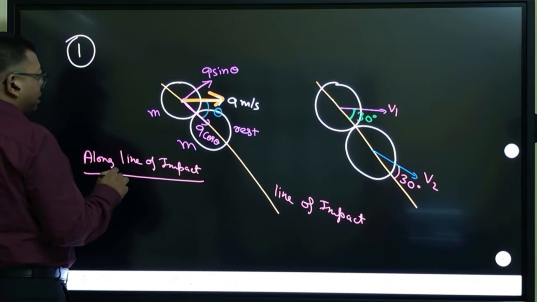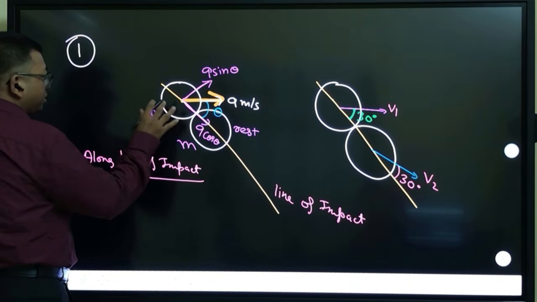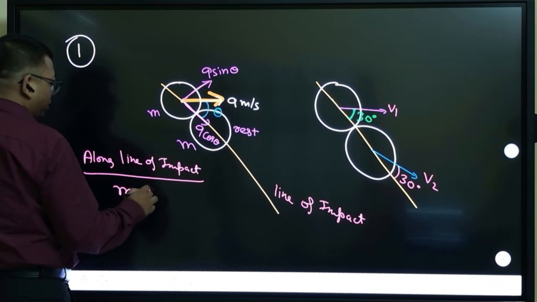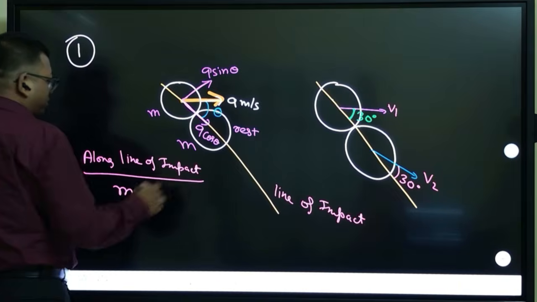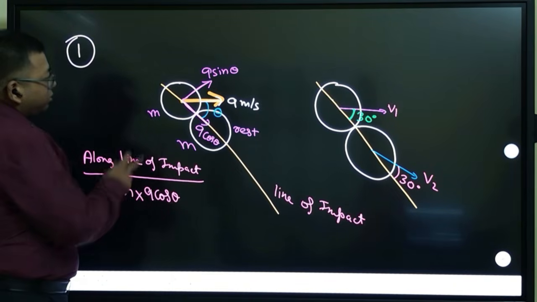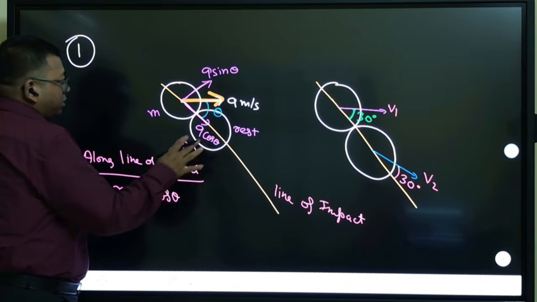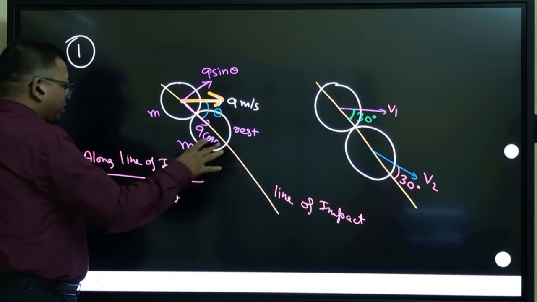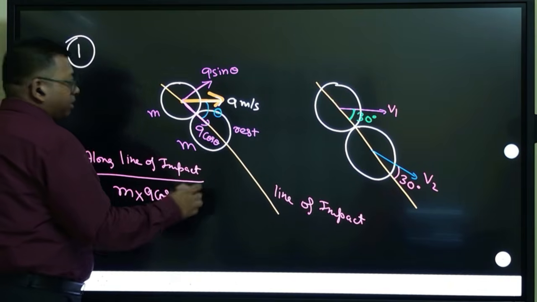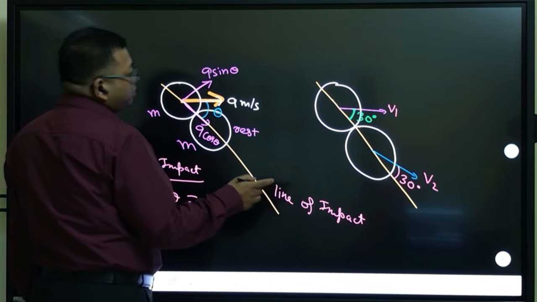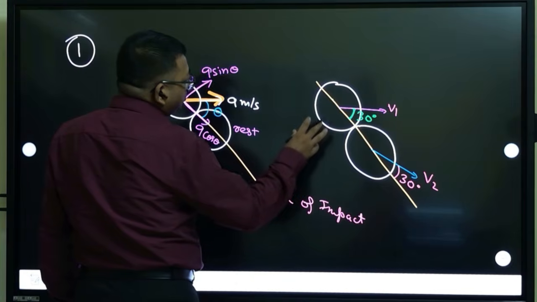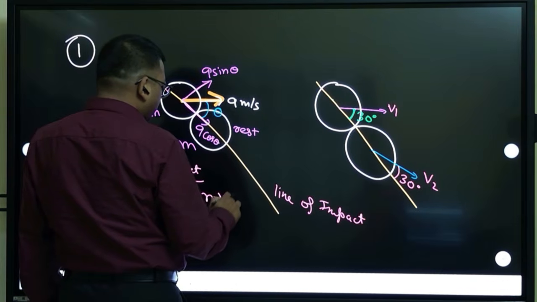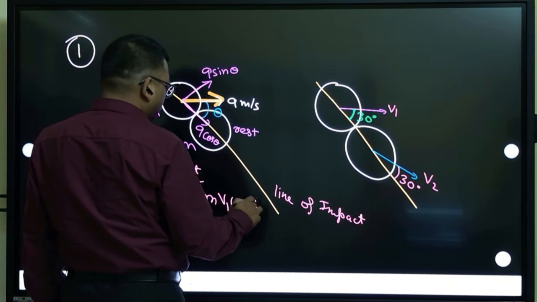Along the line of impact I will take. So initial momentum is only due to this body in this direction, so m into 9 cos theta, right? Mass into this velocity component, and this body is anyway not moving. What about after? The first body mass is m, and this is v1 cos 30 degree, correct?